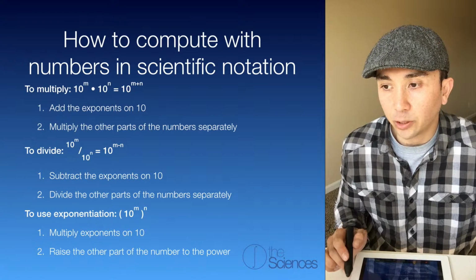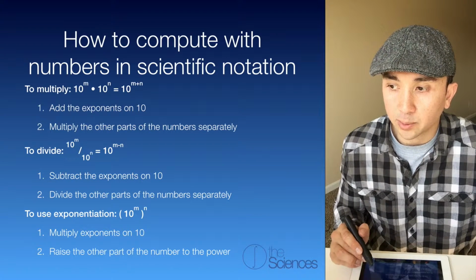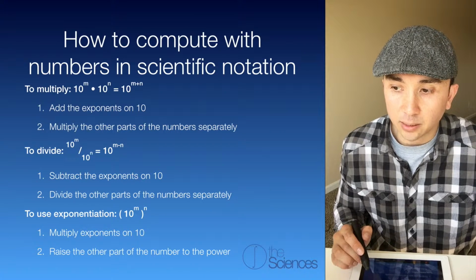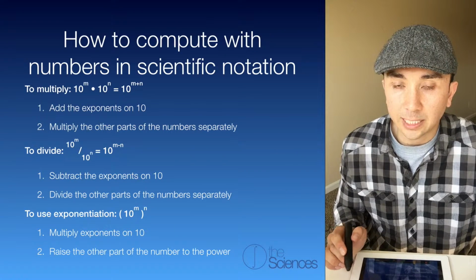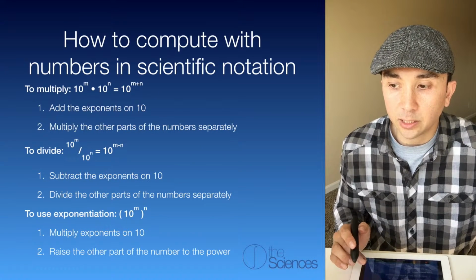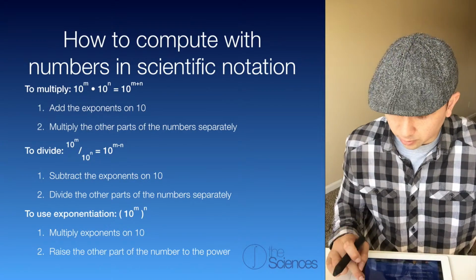What you're going to do is subtract the exponents on 10 and then divide the other parts of the number separately. And then to use the exponentiation, 10 to the m to the n, you're going to multiply the exponents on 10 and then raise the other parts of the number to the power.